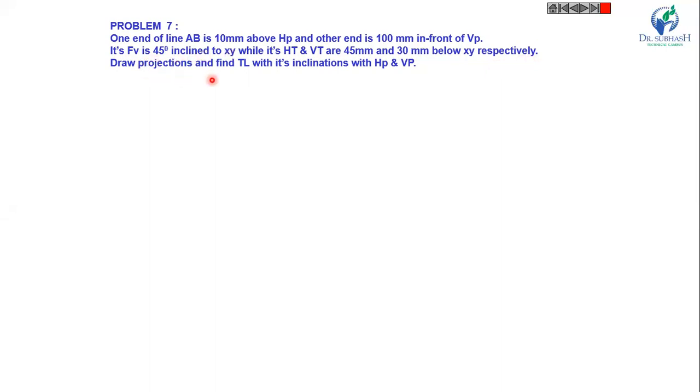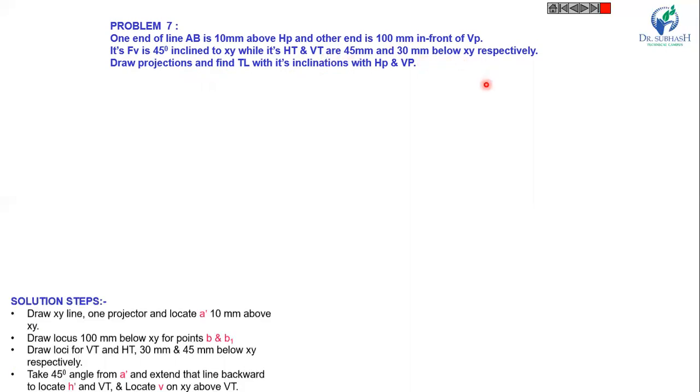Draw projections and find the true length with its inclination with HP and VP. Line AB, 10 mm above HP and the other end 100 mm in front of VP. Its front view is inclined with XY at an angle of 45 degrees and its HT and VT are 45 mm and 30 mm below XY respectively.